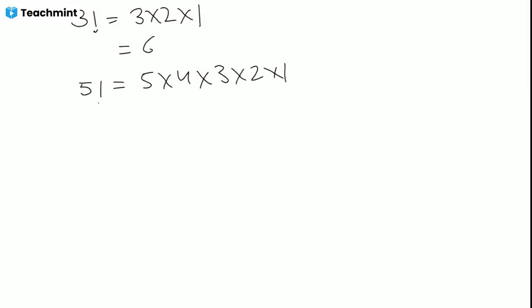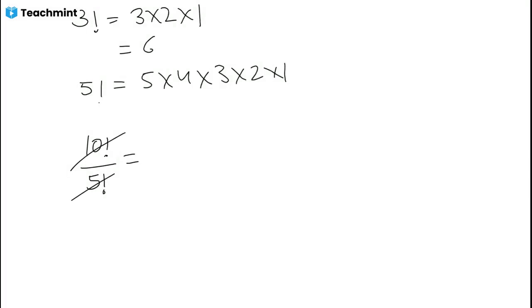We have some shortcut tricks when you have a fractional form. For example, if you have factorial 10 over factorial 5, how can you solve it? You can't cut directly like this.